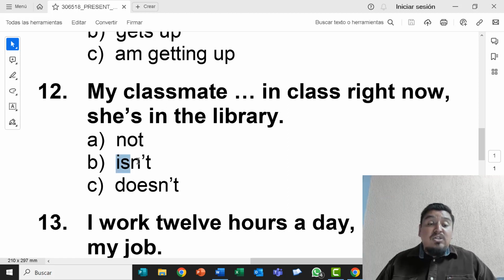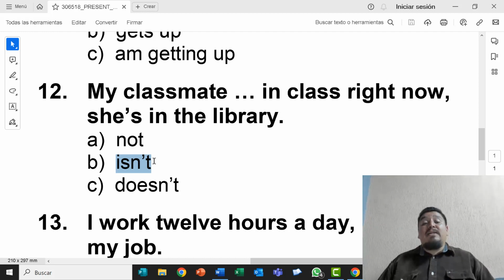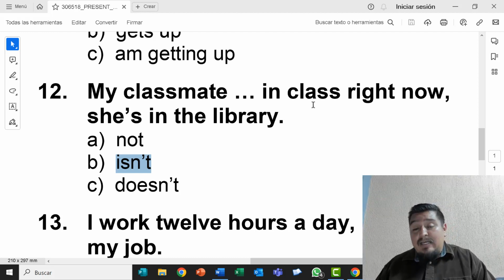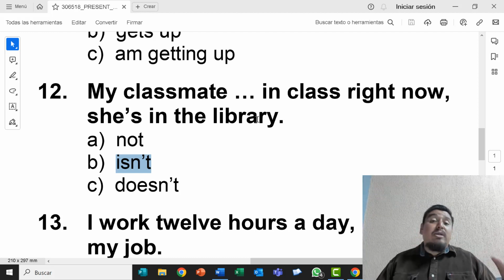She's not, she isn't. My classmate isn't. My classmate is not. My classmate isn't in class right now. She's at the library. She's in the library. No está mi compañera de clases ahora en el salón, en la clase, porque está en la librería.